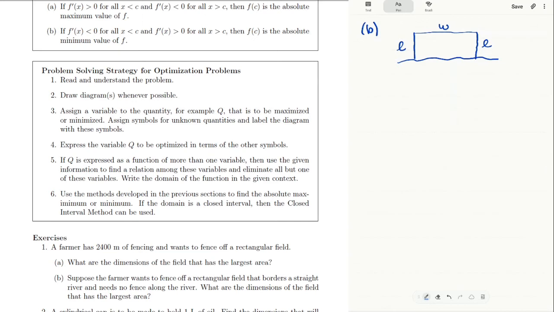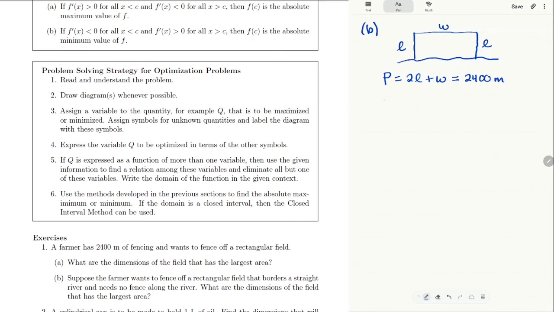So once again, the farmer has 2,400 meters of fencing. Now the only thing that changes from the previous problem is that the perimeter is going to be 2L plus W rather than 2L plus 2W. So this has to be 2,400 meters.